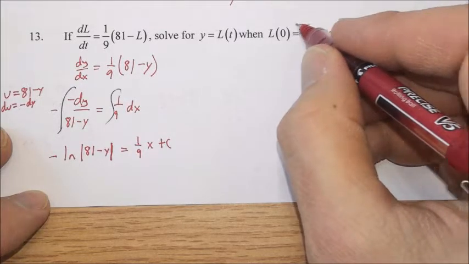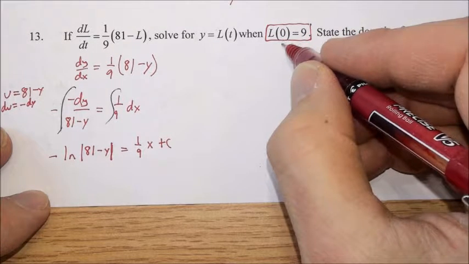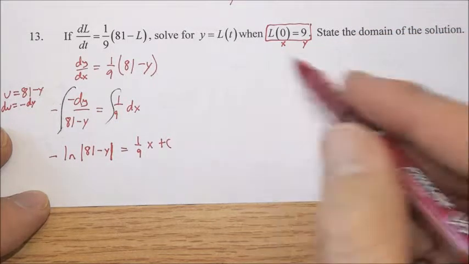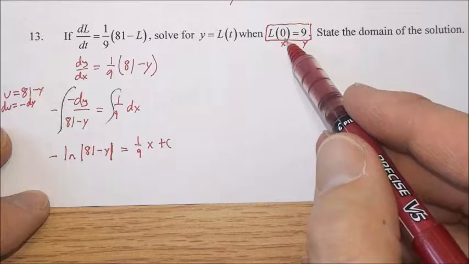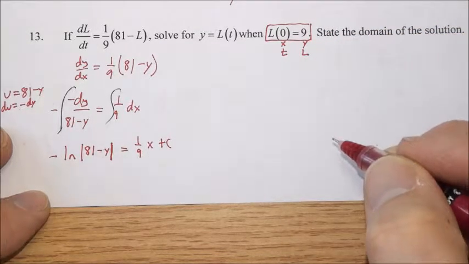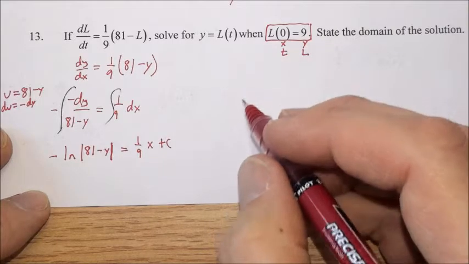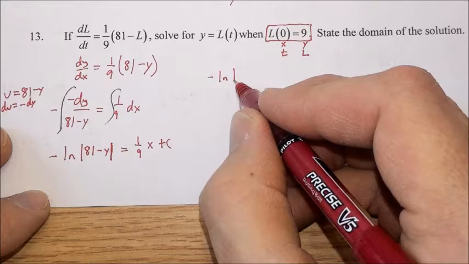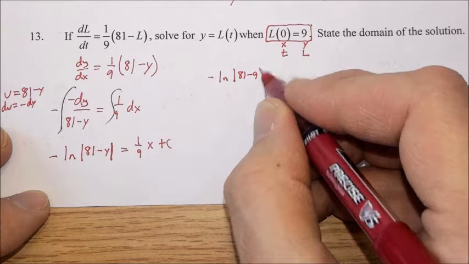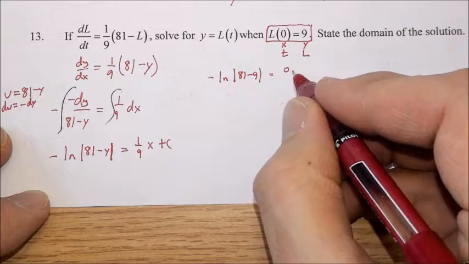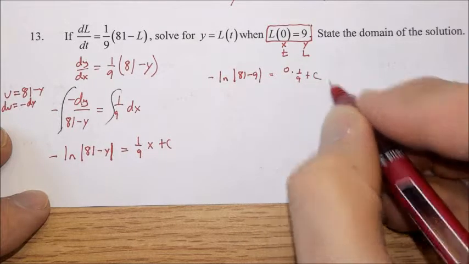Step 4, when we plug in 0 for x, y is equal to 9. If you did not change over, you're plugging 0 in for t and 9 in for L. But either way, what's going to end up happening is we have the opposite of the natural log of 81 minus 9 is equal to 0 times 1/9 plus c.